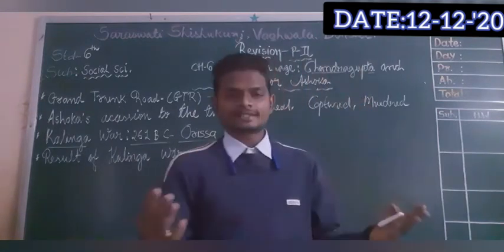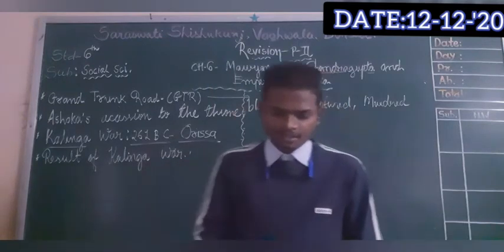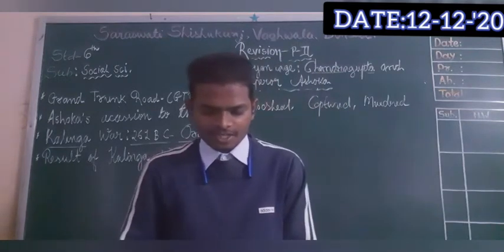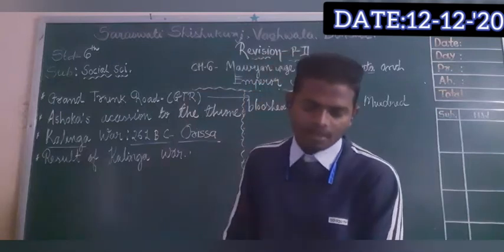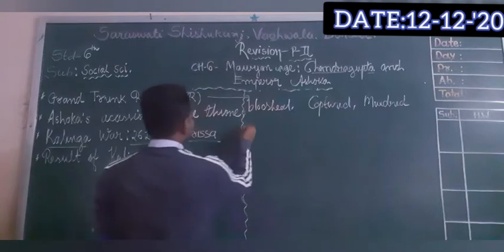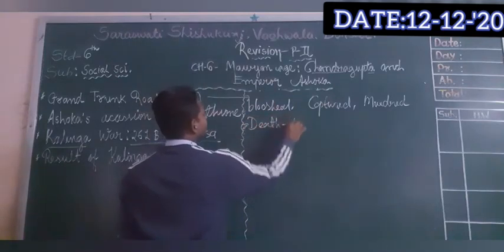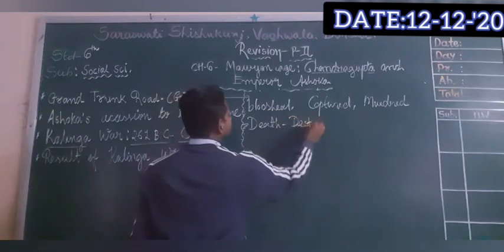And what was the result? That I am going to revise. The result: the death and destruction in Kalinga made Ashoka unhappy.